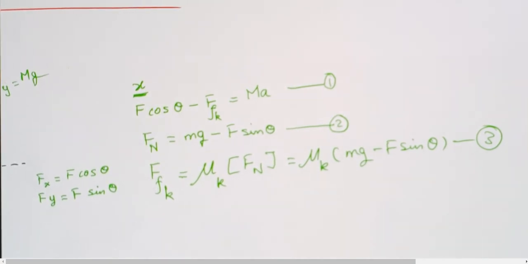If there is no acceleration, it's F static. The object is not moving, or the object is moving. Wait a second, Dawood. Either it's no motion or the object is moving with a constant speed or constant velocity. That's correct.